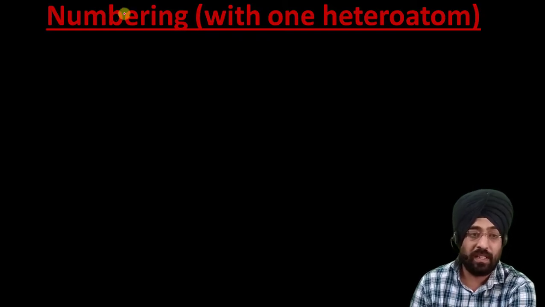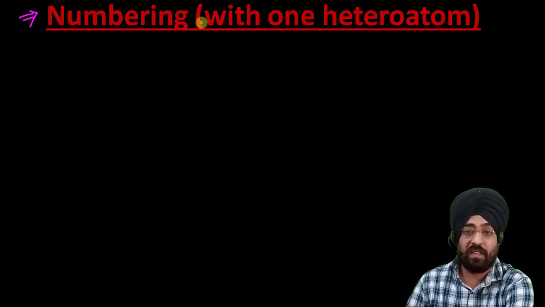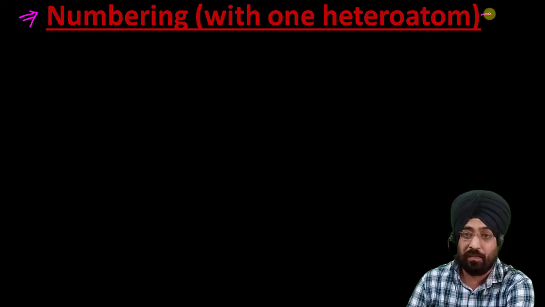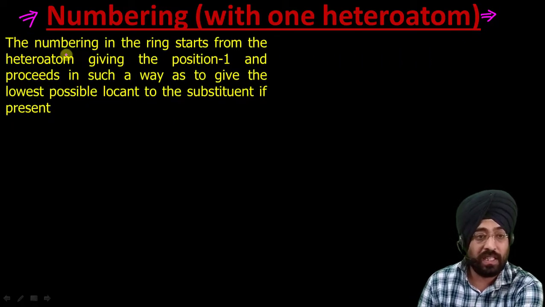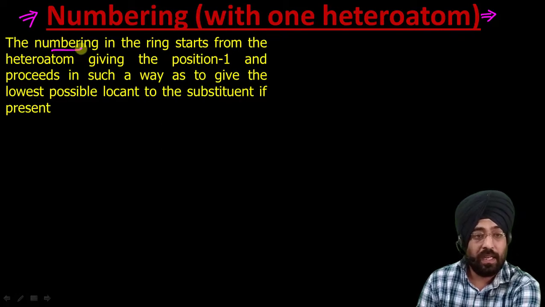As I was discussing, there are rules to give numbers, so we will discuss different cases one by one. The first case is when we have only one heteroatom and we have other substituents on the ring. In such a case, the numbering in the ring starts from the heteroatom.